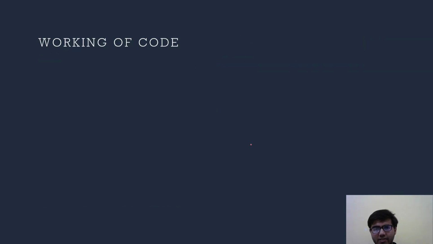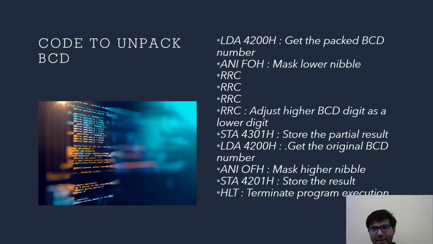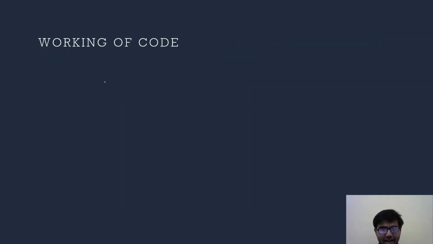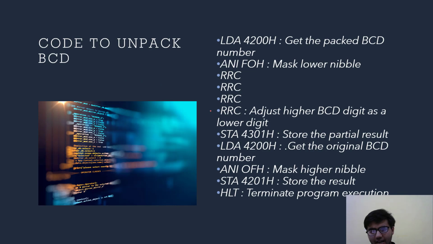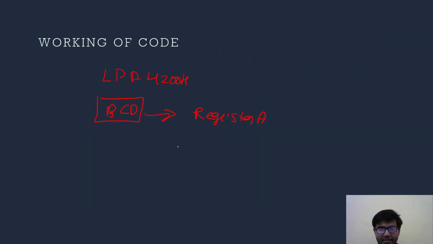So what first we are doing is LDA 4200H. I am getting my BCD number into my accumulator, and I'm masking it.